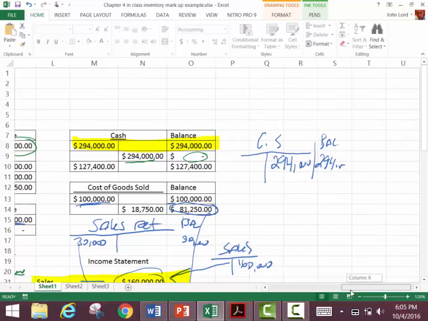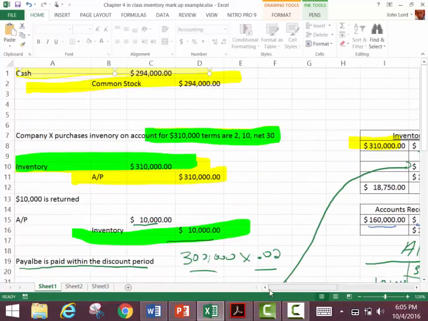Okay. Then we do this next transaction, and this company purchases inventory for $310,000, and the terms are 2/10 net 30. Remember, that means the company is offering a 2% discount if this inventory is paid for in 10 days. If not, the entire amount is due in 30 days.